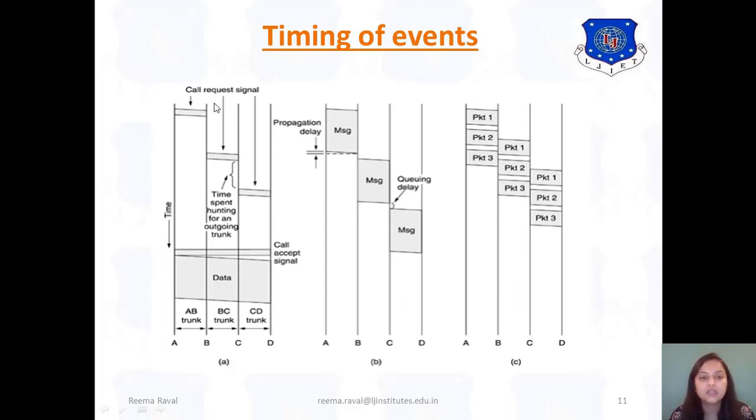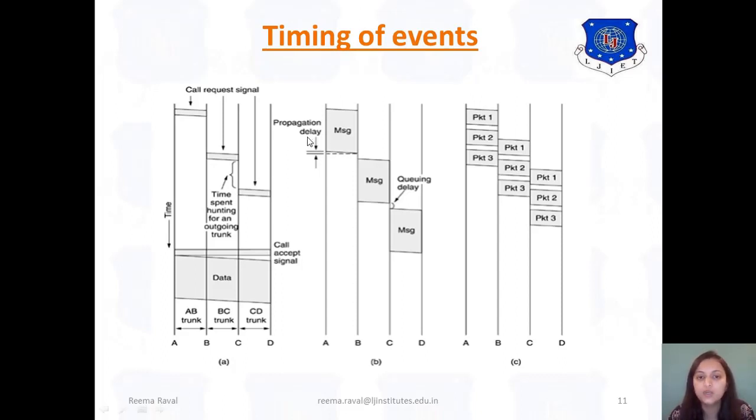Whenever the call request signal is made, it will spend time hunting for an outgoing trunk, and whenever the trunk or channel is available, it will send the call accept signal, and after that the data is transferred. Here the slant line indicates that the call accept time is not the same for each channel, and the biggest time is the time spent hunting for an outgoing trunk.